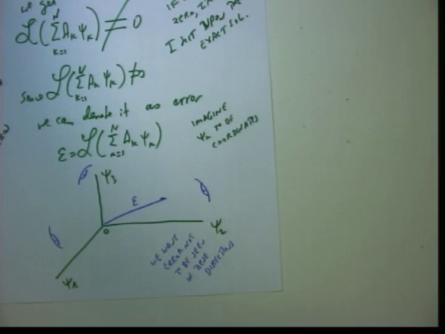So therefore it is closest to be 0. Error is not 0, but from some directions you don't feel it. So it behaves as if it was 0. As if.